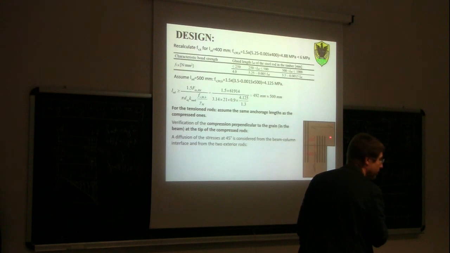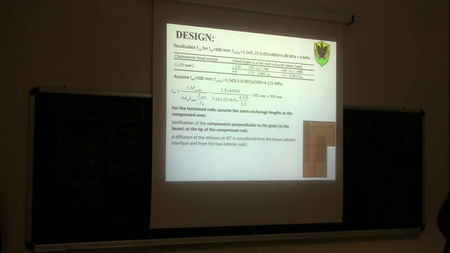Those compressive stresses may produce plasticization within the beam because we are acting perpendicular to the grain, so the strength may be very low. So what we have to do in this case is consider a distribution at 45 degrees of the stresses at the beam-column interface.